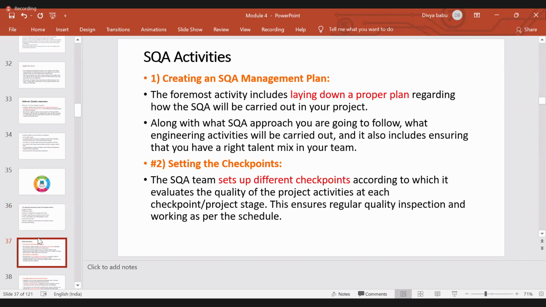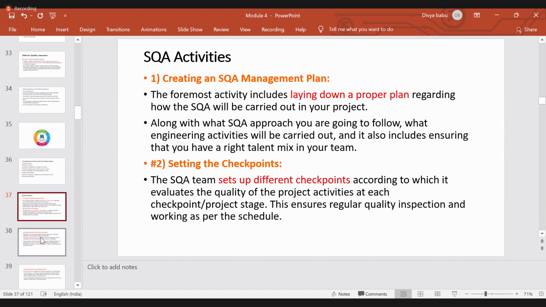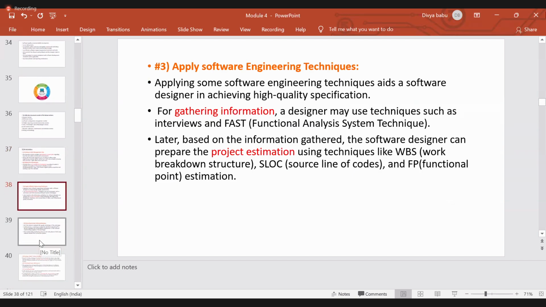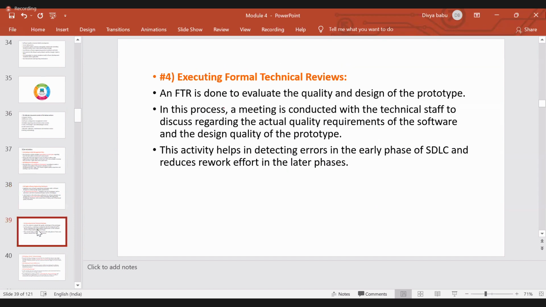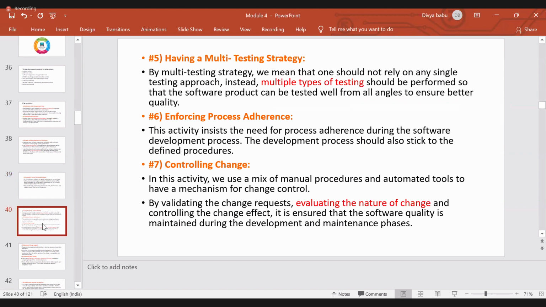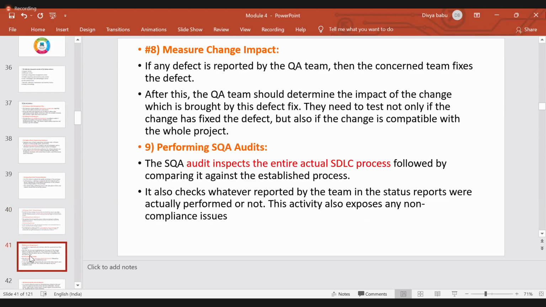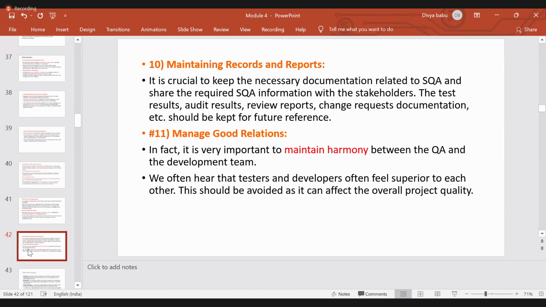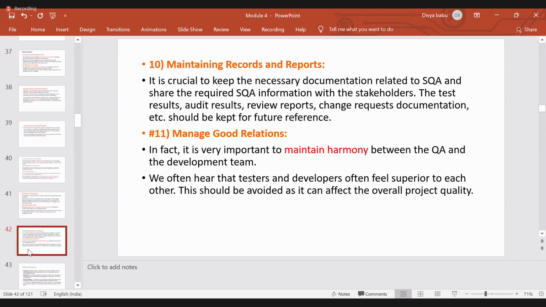And there are some SQA activities that we discussed: creating an SQA management plan, setting the checkpoints, applying software engineering techniques like FAST, SLOC, FP function points, executing formal technical review to uncover the errors, having a multi-testing strategy, enforcing process adherence, controlling the change, measuring the change impact, performing the SQA audits, maintaining the records and reports, and managing good relations.